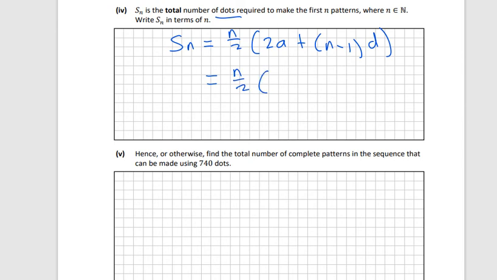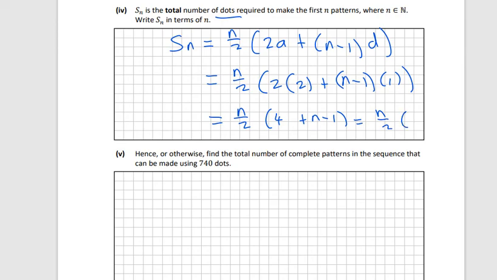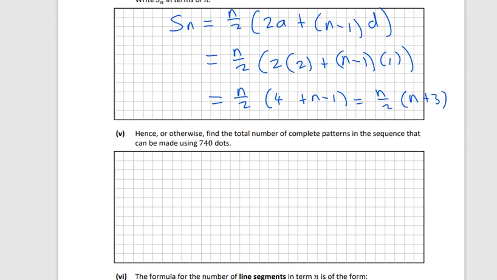So n over 2, 2 times 2 plus n minus 1 times 1. N over 2, that could be 4 plus n minus 1. That's n over 2 times n plus 3. That's it when it's simplified.